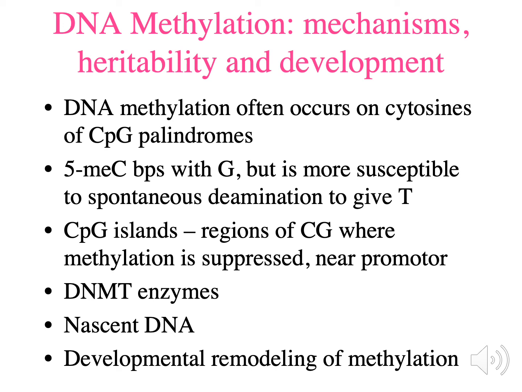Nascent DNA means DNA that's just recently been synthesized, and we have to eventually methylate that DNA, and the DNA methyltransferases help take care of that for us. And then lastly, it's important to consider that DNA methylation is, again, a dynamic process, and it takes place in early development as well as gametogenesis. So when we're forming those germ cells, that's a process that takes place.